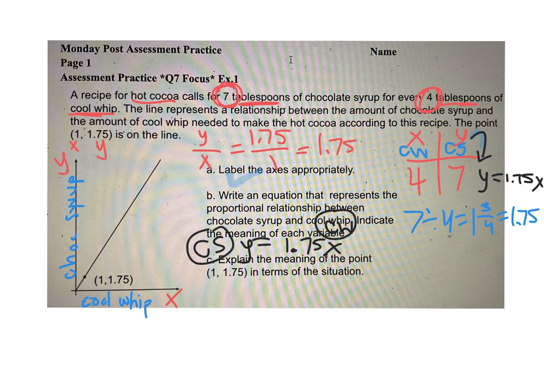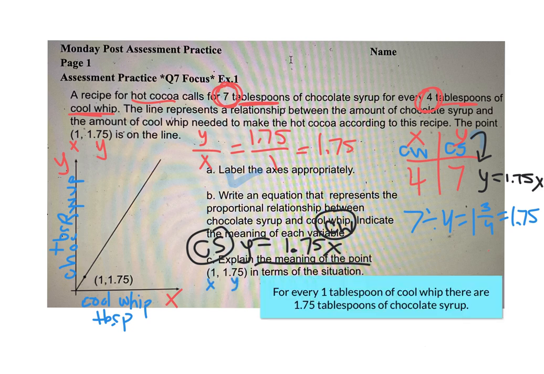Okay, so for the last one, part C, they're saying explain the meaning of the point (1, 1.75) in terms of the situation. One thing I forgot to do earlier was I forgot to say that, on our X and Y axis, we're talking about tablespoons here. So tablespoons of Cool Whip and tablespoons of chocolate syrup, right?